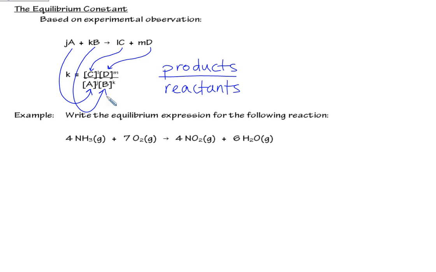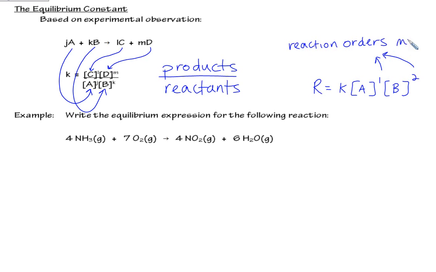When we get to the end of the year and we start reviewing for the AP test, then people get a little confused. In kinetics, when you had something that looked like this, R equals K, and let's say it was like A to the first and B to the second, these orders, reaction orders, must come from experimentation.